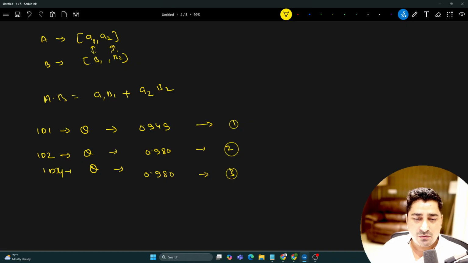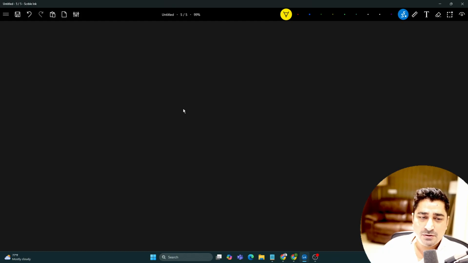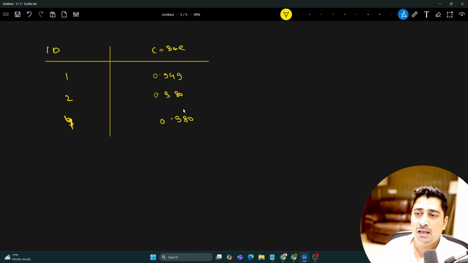Here we can prepare a chart with ID and cosine. ID1 has cosine 0.949, ID2 has 0.980, and ID4 has 0.980.